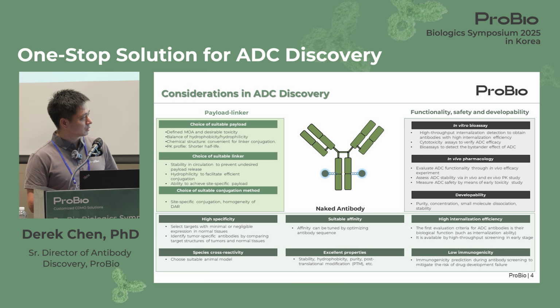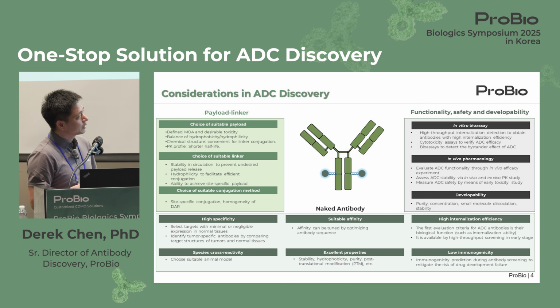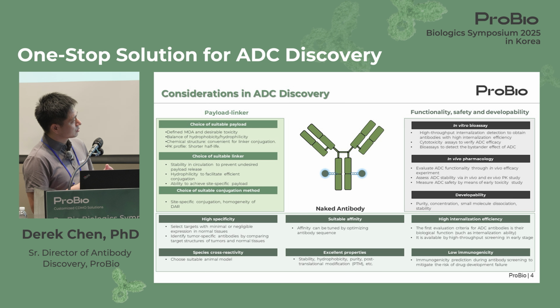For the discovery of the naked antibodies, usually we will focus on the profiling of 6 different aspects, including the antigen binding specificities, affinities, the cross-binding to cyno-monkey antigens, the internalization efficacies, the biophysical and biochemical properties, which is developabilities, and the immunogenicities.